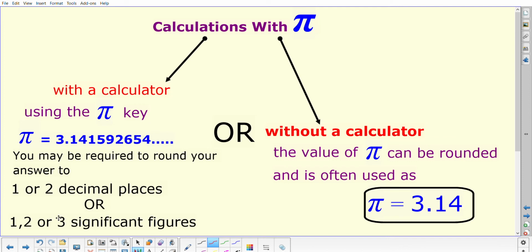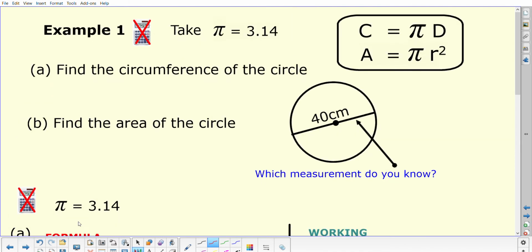But you can be expected to round to 1 decimal place sometimes, or significant figures can also be used. If you're specifically directed to a question where you're not allowed to use a calculator, then you will be told to take the value of pi to be 3.14, and you need to do all your calculations without the calculator when that happens.